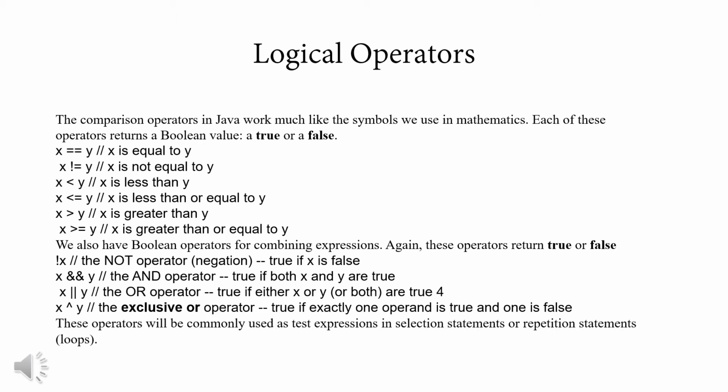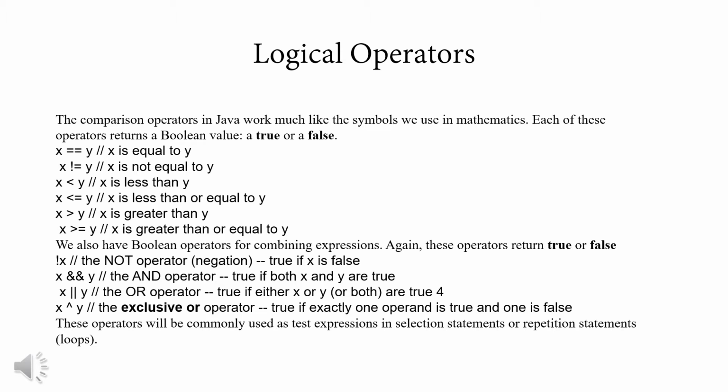X is equal to Y. If the value of X is equal to the value of Y, then the final result returned is true. For Boolean operators, again, the value returned can be true or false. Some of the Boolean operators are as follows: not, and, or, exclusive or.